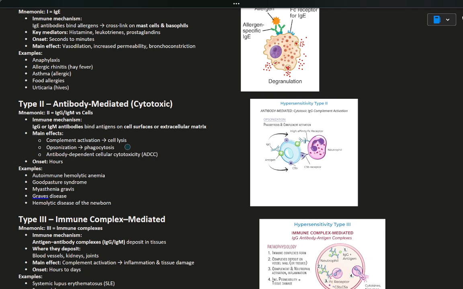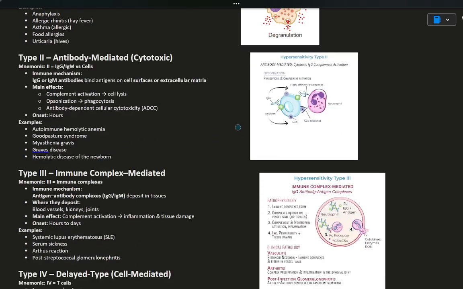And then the main effects are that there's going to be complement activation, so the activation of the complement proteins. That's going to lead to cell lysis, or destruction of the cell. You can also have opsonization, which then leads to the phagocytosis of the cell. And then you have antibody-dependent cellular cytotoxicity, which can be depicted here with T cells being recruited to destroy the cell.